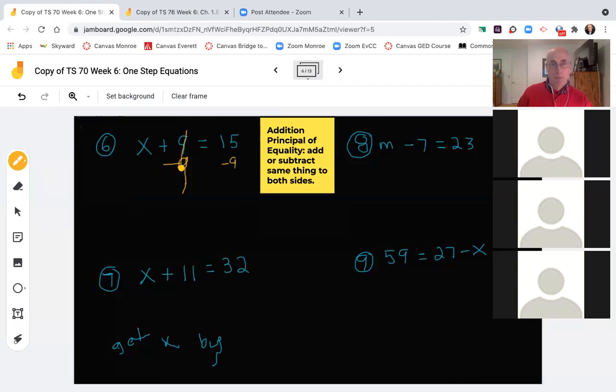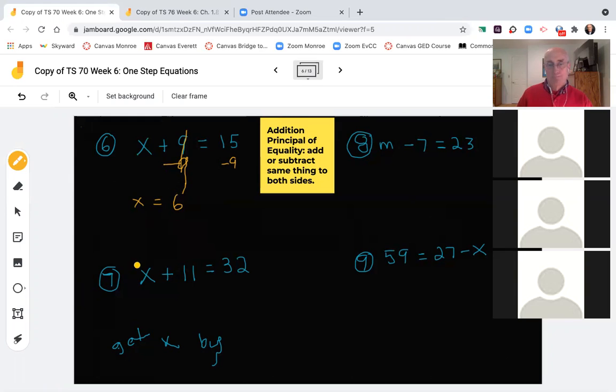They become basically 0. So what I now have is x equals 15 minus 9, which equals 6. If I subtract 9 from 15, I get 6. So I have isolated x by itself and done the same thing on both sides.